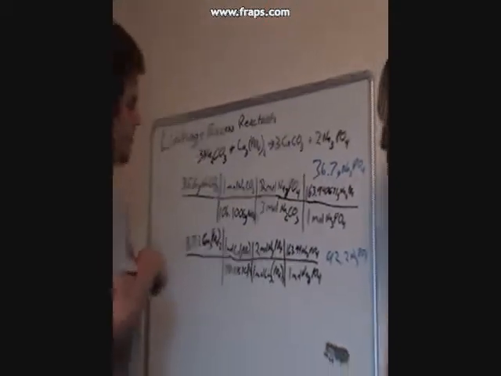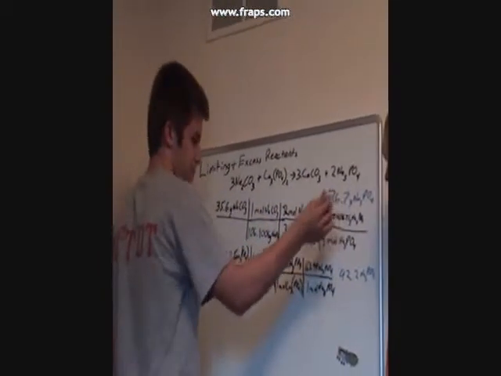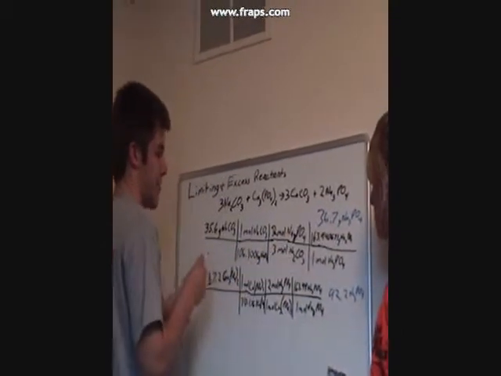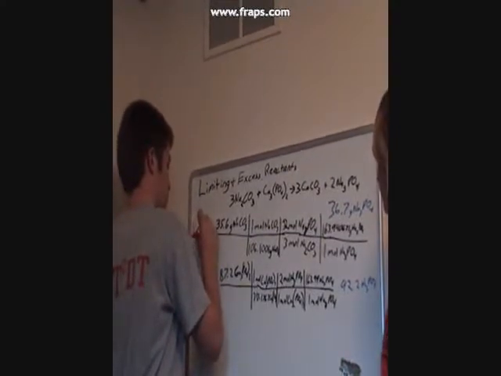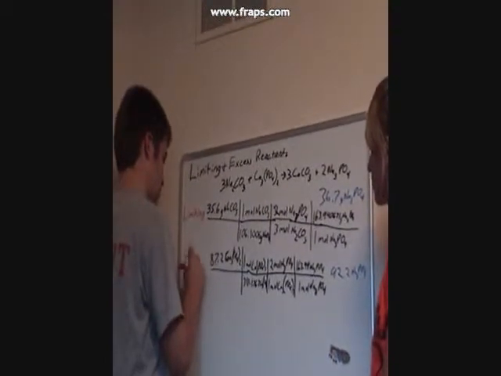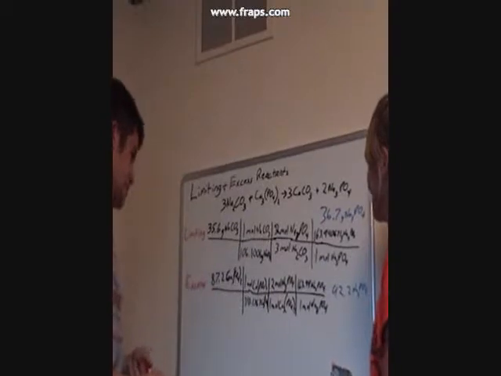Now, there's not enough Na2CO3 to produce 92 grams. There's only enough to produce 36.7 grams. So therefore, this is your limiting reactant because that's all you can produce. And this is your excess because you have more than you need to produce what you're going to produce of your final product.